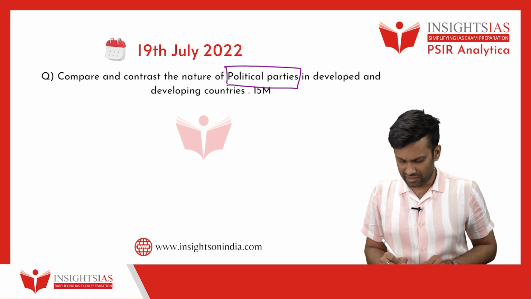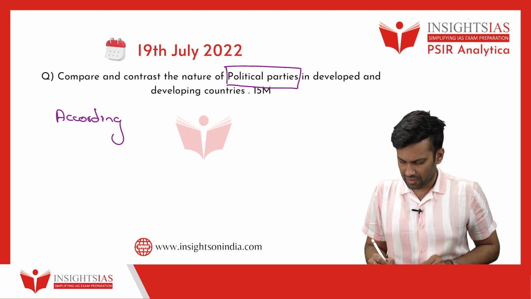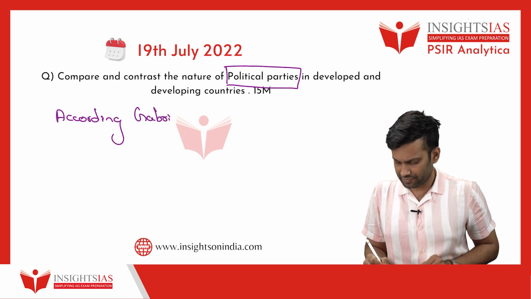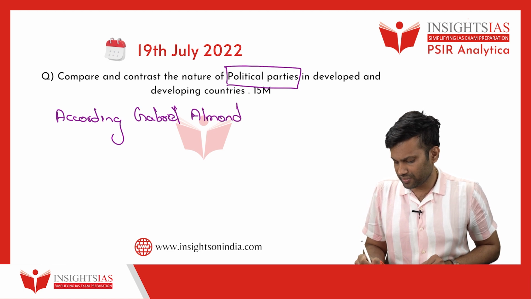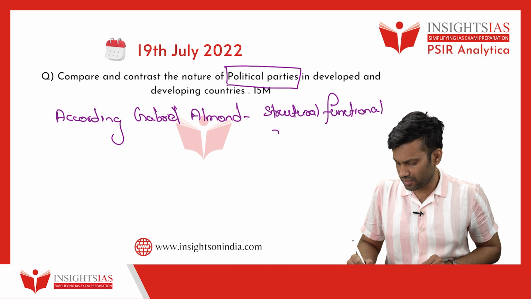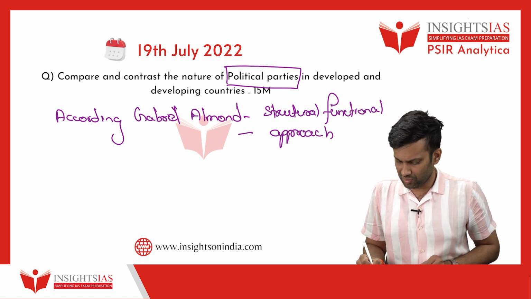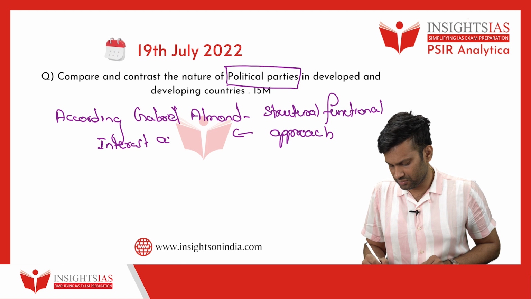So you can say here, according to Gabriel Almond, who presented the structural functional approach, in this approach, what is the role he told to political parties? Political parties play the role of interest aggregation.